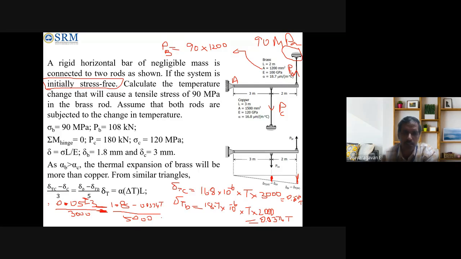Equate this and get the value of the temperature. The temperature will be around 56 degrees centigrade. Just check it out. The answer is around 56 degrees centigrade.